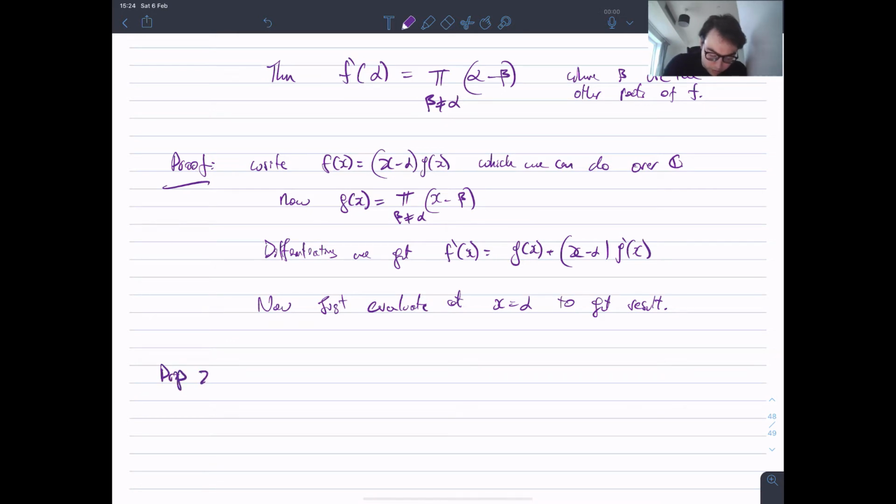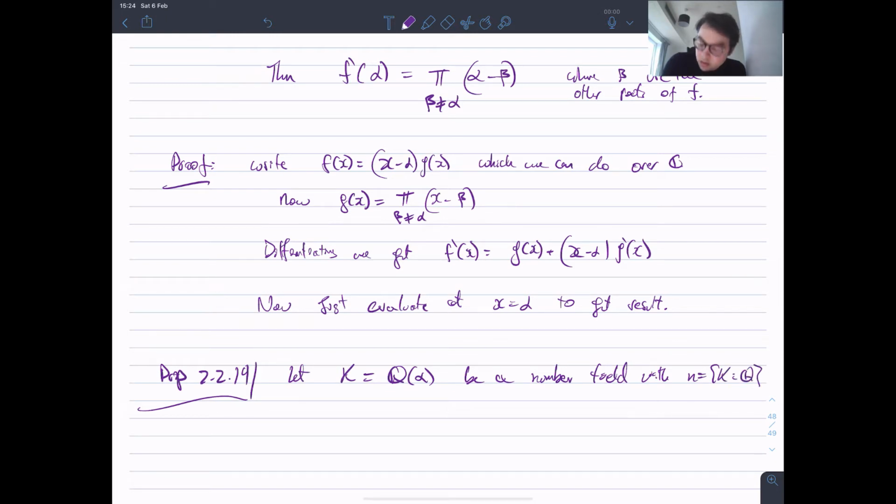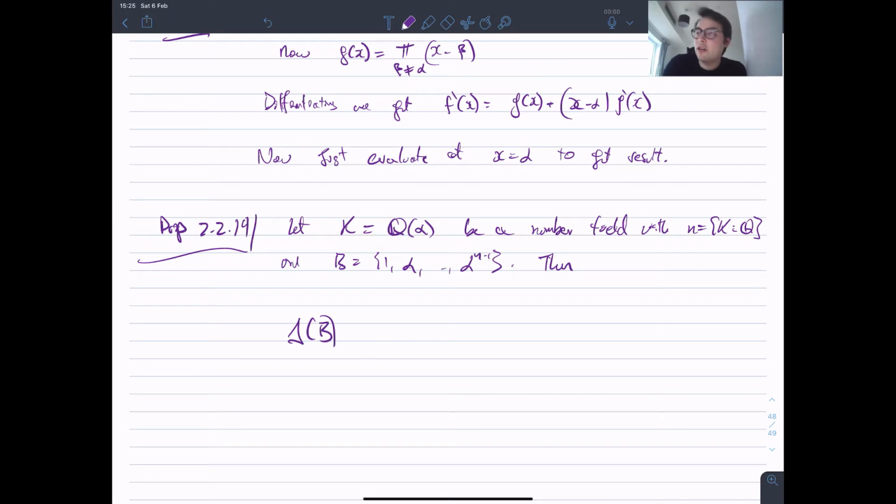So here's a proposition 2.2.19. If I let k be, say, Q, alpha be a number field, with n being the degree, and we take b to be 1, alpha, up to alpha to the n minus 1, then the discriminant of this particular basis equals minus 1 to the n times n minus 1 over 2, times the norm of some specific element.